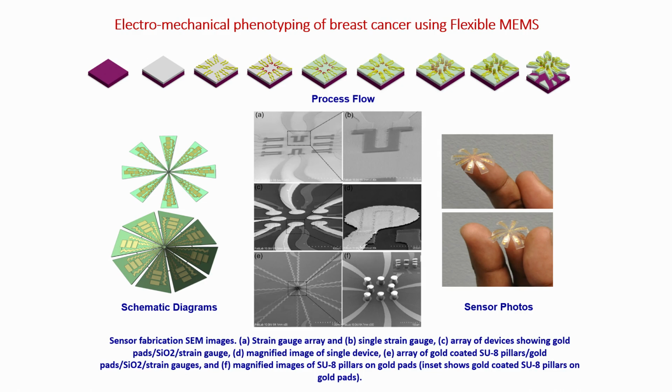Now, for a given tissue from the biopsy, can we measure the electrical and mechanical property of tissue? That is why we say electromechanical phenotyping of breast cancer using flexible microelectromechanical sensors.